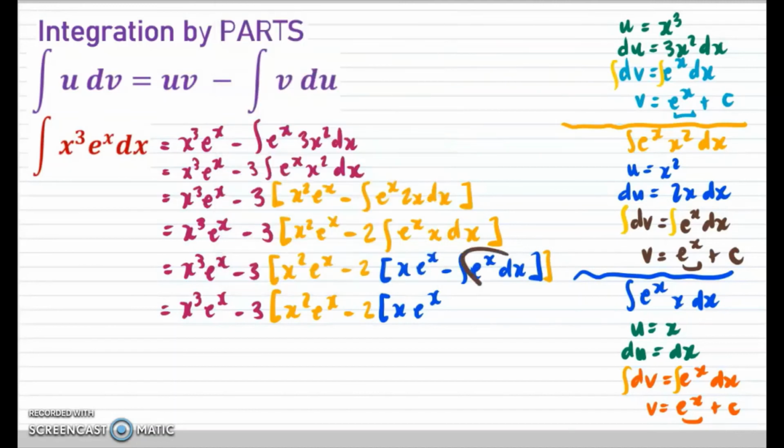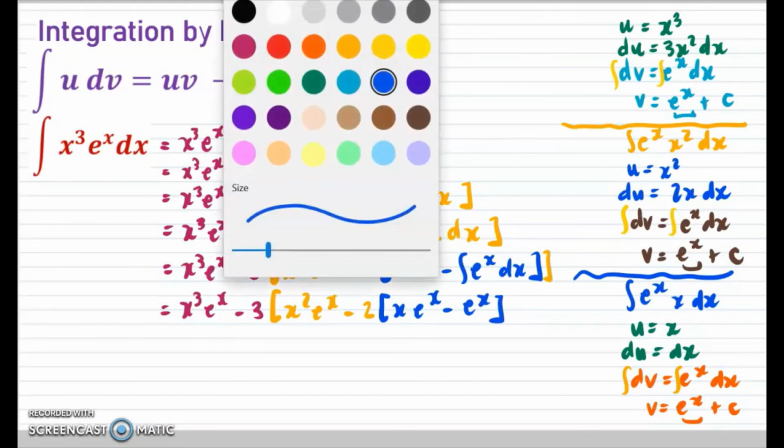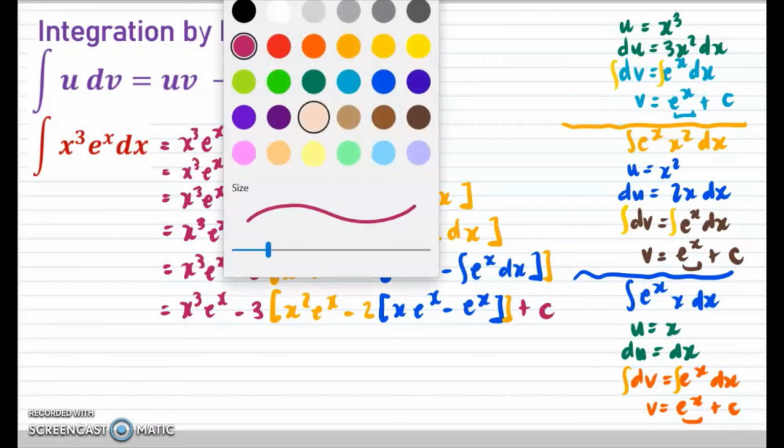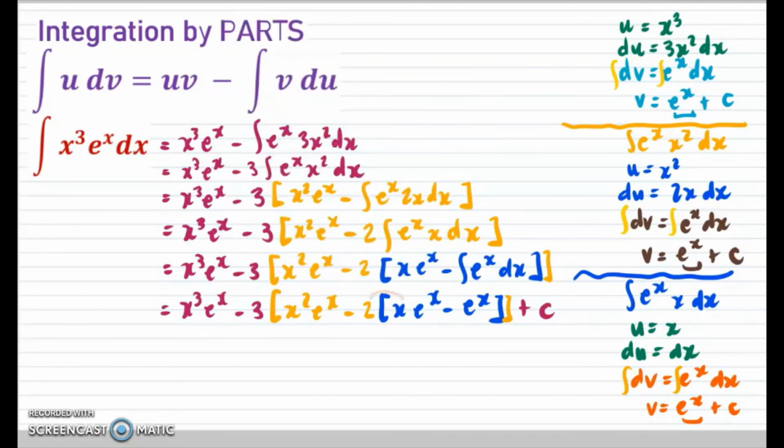The integral e raised to x dx, which is e raised to x plus c, right? So we just have minus e raised to x, and then the plus c at the end. Let us not forget that there. So let us simplify this. What do we do first? The one inside first, right?